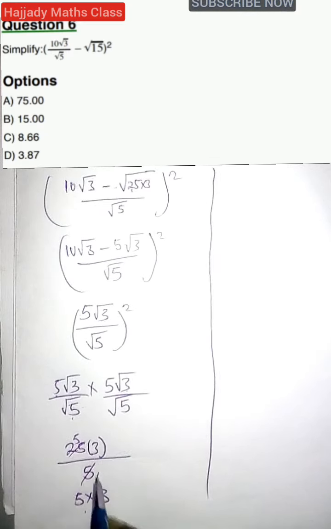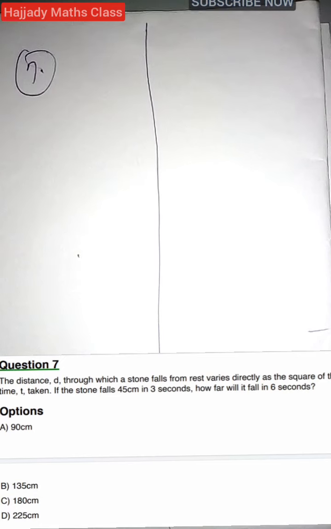Now we proceed to question number 7. Looking at this question number 7, this is practically on variation. It says the distance d through which a stone falls from rest varies directly as the square of the time t. So that is d varies directly as the square of t.